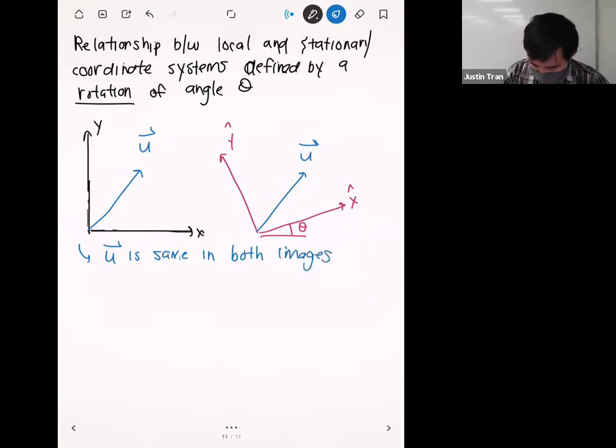The difference is that if we're defining the components of u, the values of the components of u are going to be different depending on which coordinate system we're looking at.